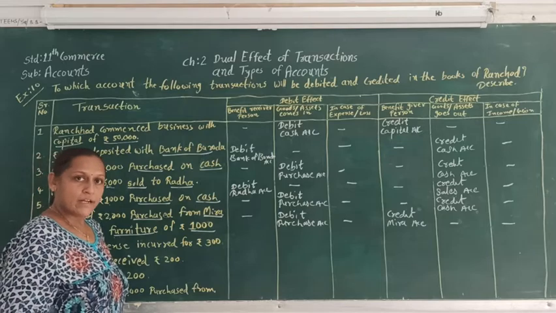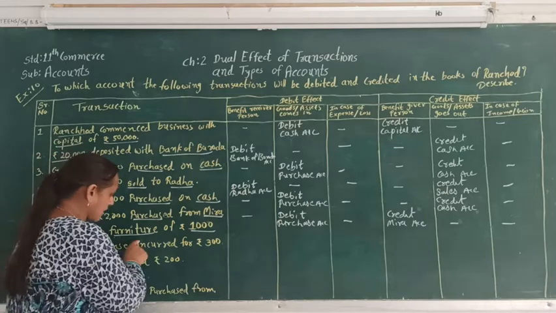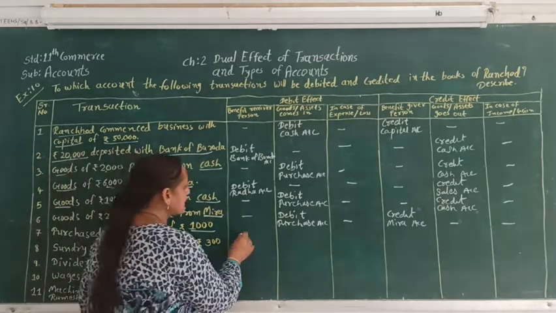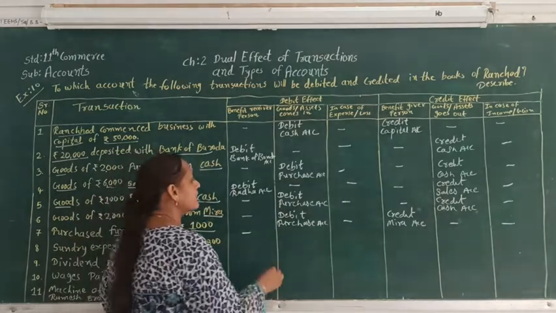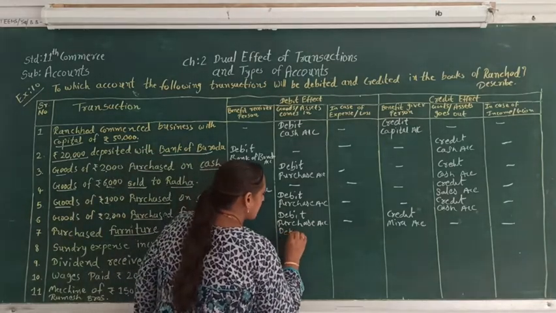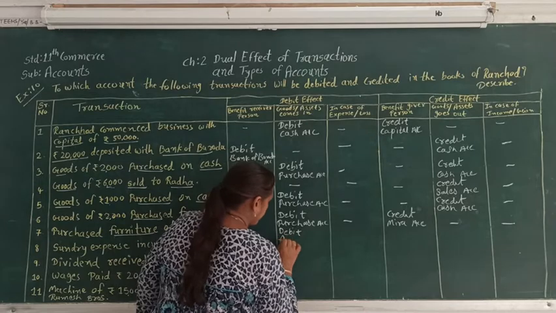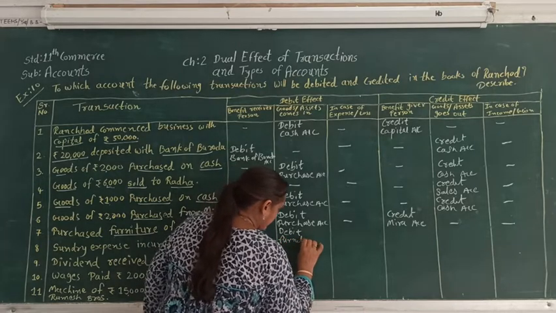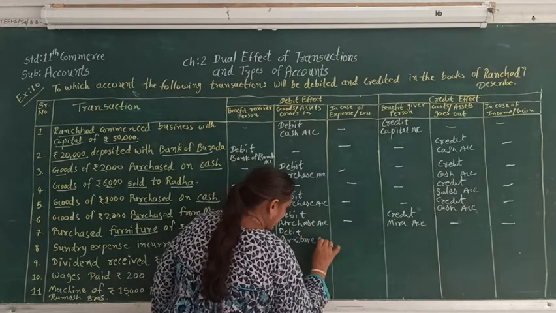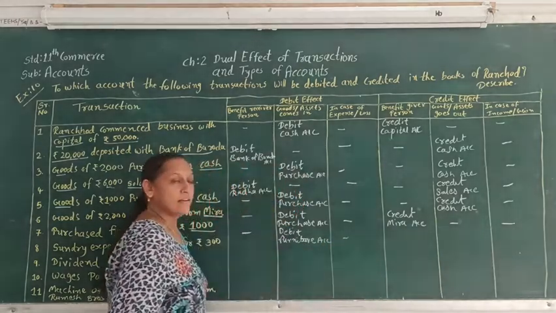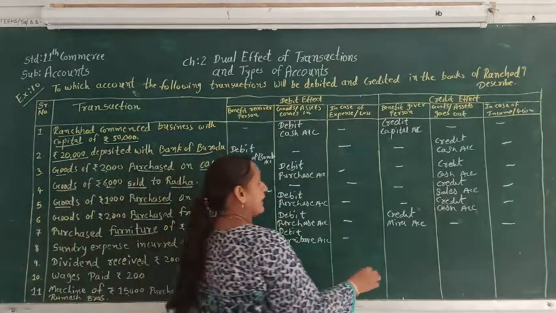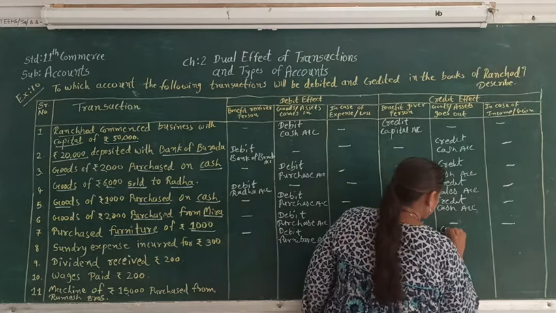So, debit what comes in, credit what goes out. So furniture is coming in the business, so here we are going to write debit furniture account. And cash, credit the cash account.